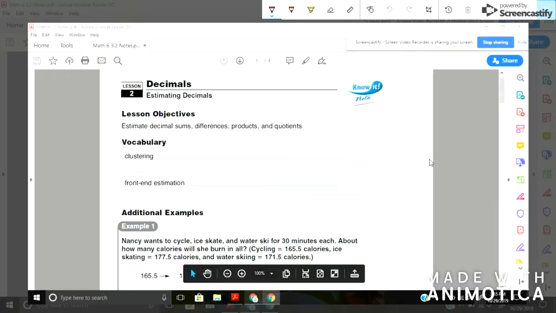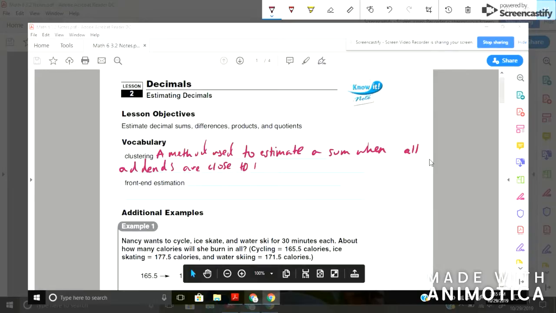And clustering is a method used to estimate a sum when all addends are close to the same value.